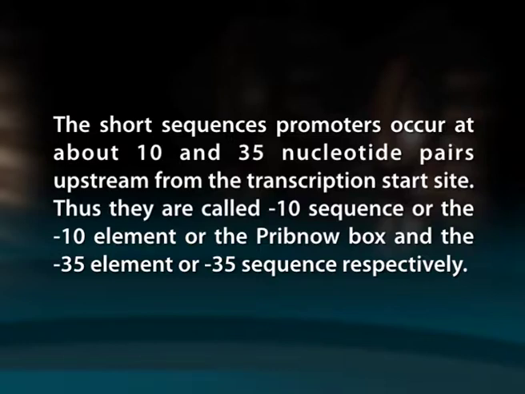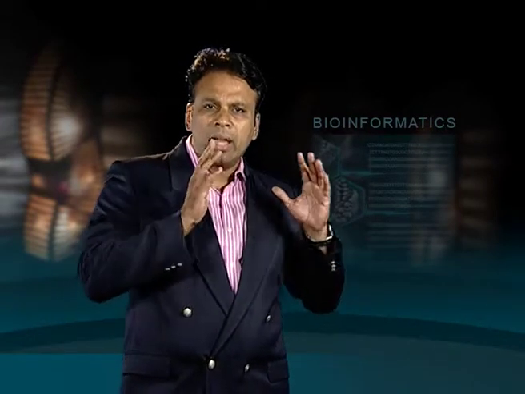Thus, they are called -10 sequence or the -10 element or the Pribnow box and the -35 element or -35 sequence respectively. These sequences vary slightly from gene to gene and some nucleotides are highly conserved. The nucleotide sequences that are present in highly conserved region are called consensus sequences.